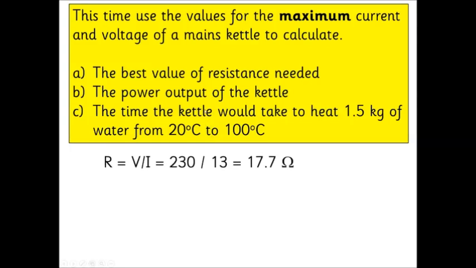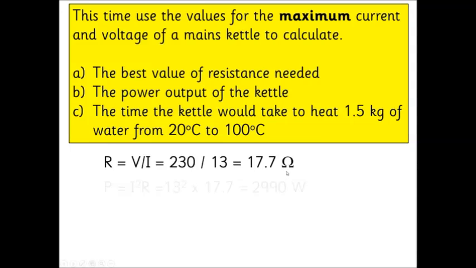The resistance R is equal to V divided by I. For a mains kettle, 230 volts is the mains electricity, and 13 amps is the maximum current you can have in a normal plug socket. So the resistance is 230 divided by 13, so the resistance of our kettle needs to be 17.7 ohms.